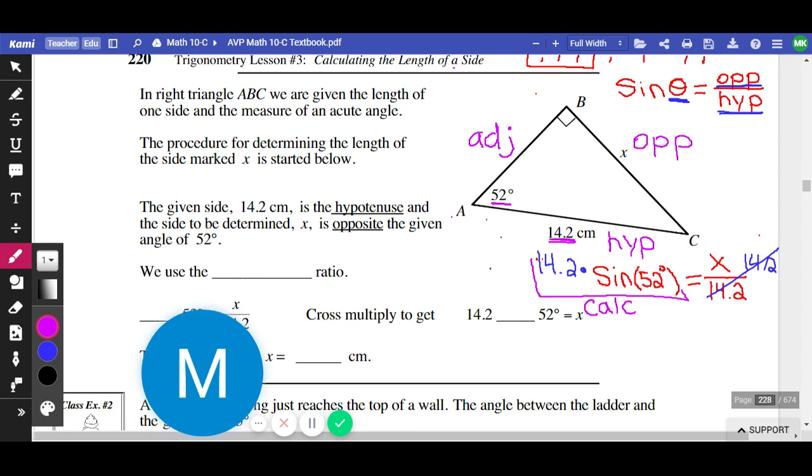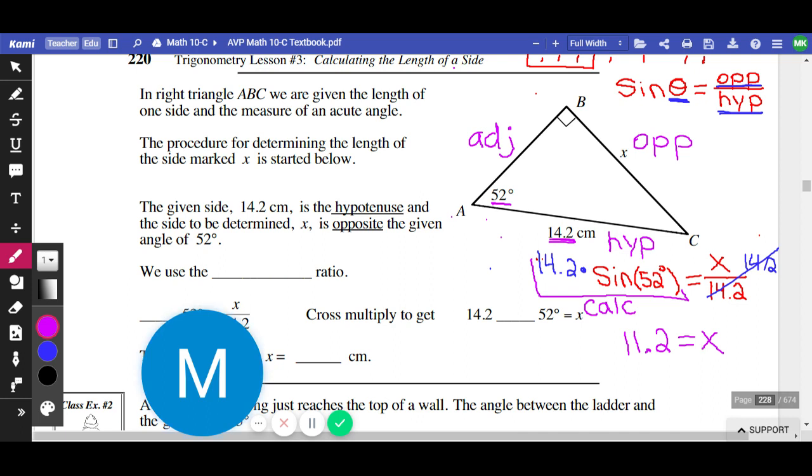You click sine, and you'll notice it brings up sine in a bracket on your calculator. Then you go 52 and close that bracket. If you hit enter, it's 11.1897527. Rounding that, we usually round to the nearest tenth. This question says we'll just round it to the nearest tenth. So we'll say it was 11.2 equals x.